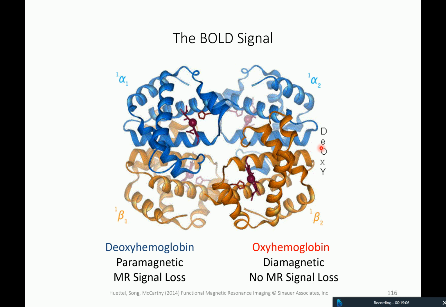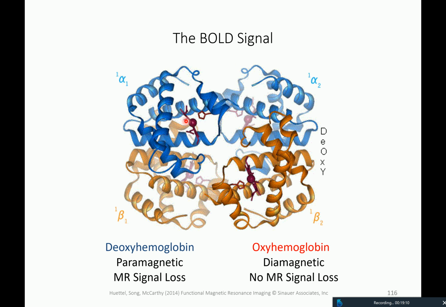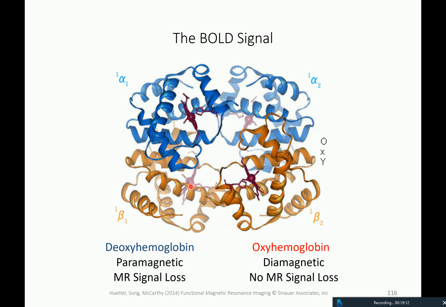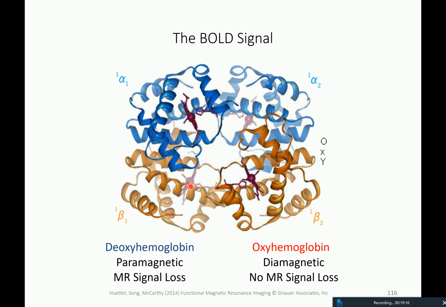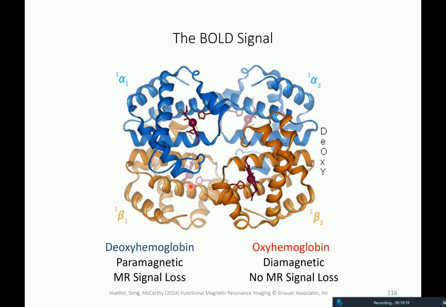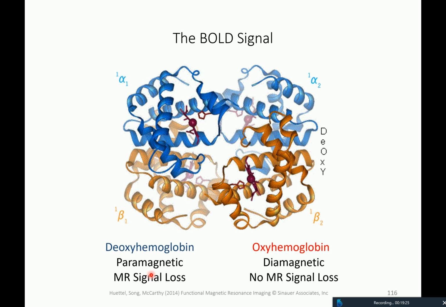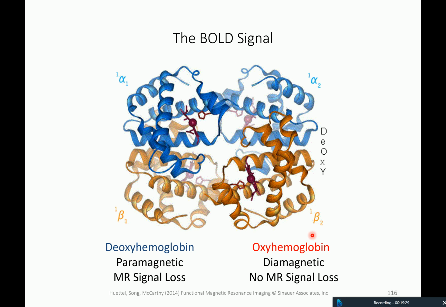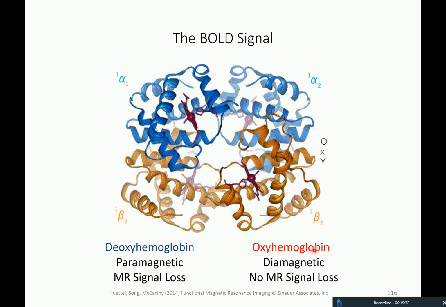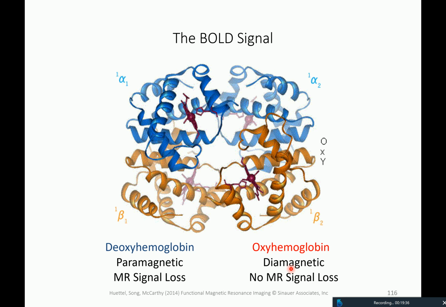And this changes, as you can also see, the relative position of this heme group, and this then changes the magnetic properties of hemoglobin. So in its deoxy state, it's referred to as paramagnetic and induces MR signal loss, so it's magnetically active. In the oxygenated state, it's referred to as diamagnetic, and it doesn't induce MR signal loss.